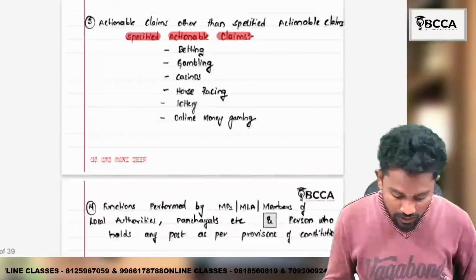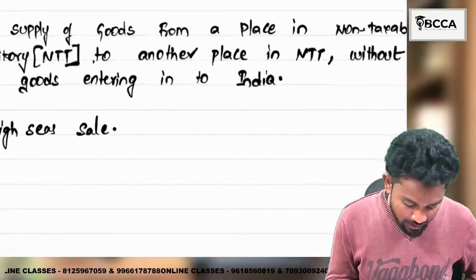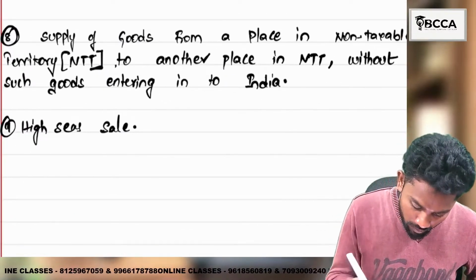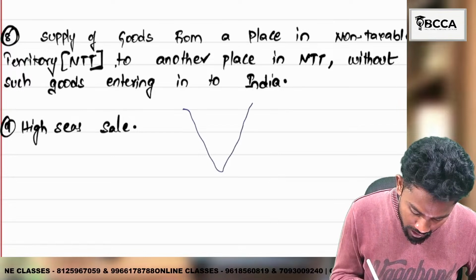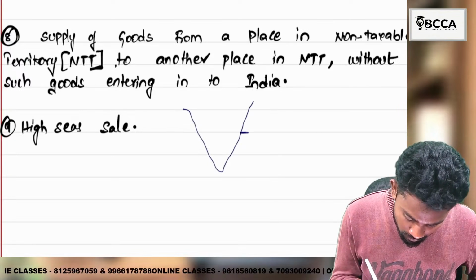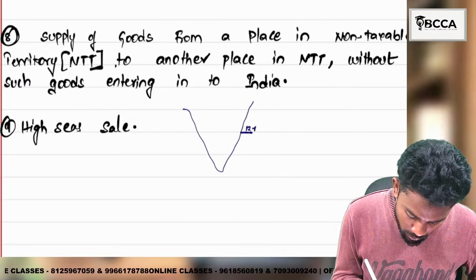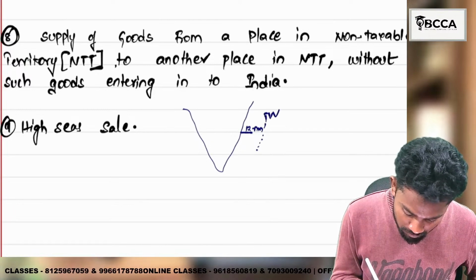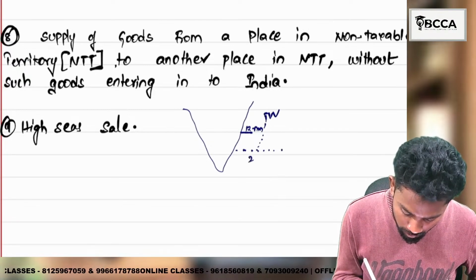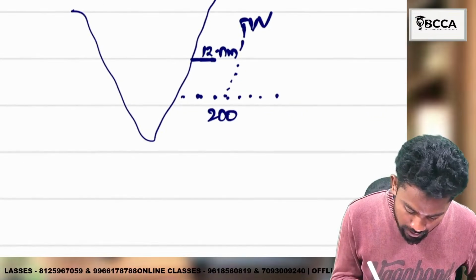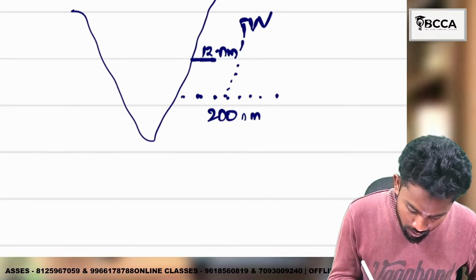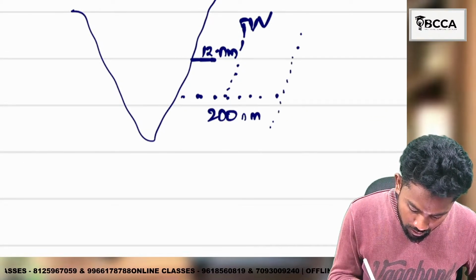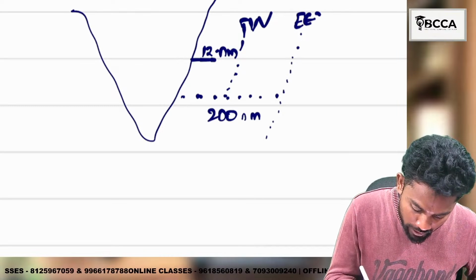What is meant by high seas? Let's say this is India. From India up to 12 nautical miles will be territorial waters. Up to 200 nautical miles will be the exclusive economic zone.